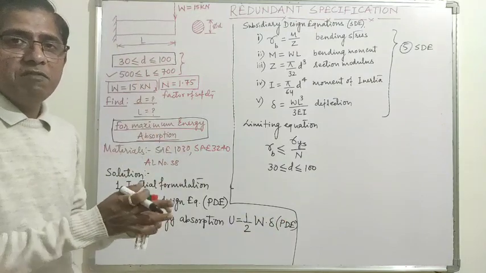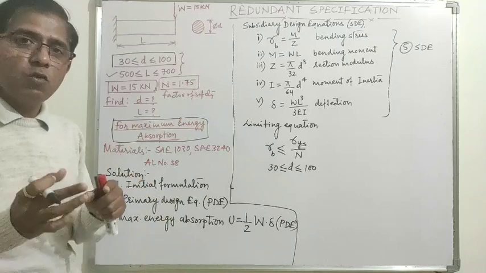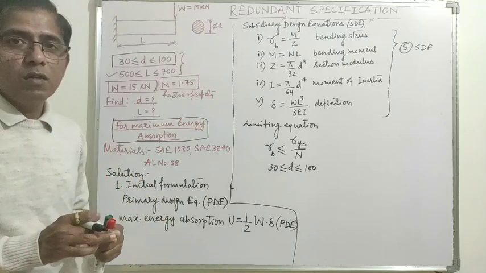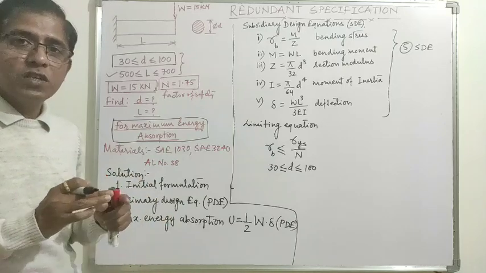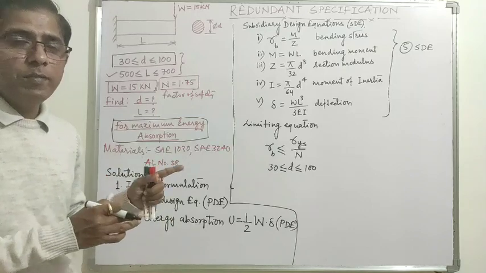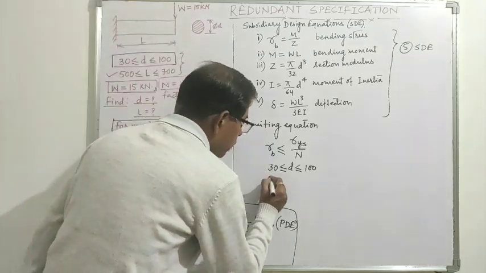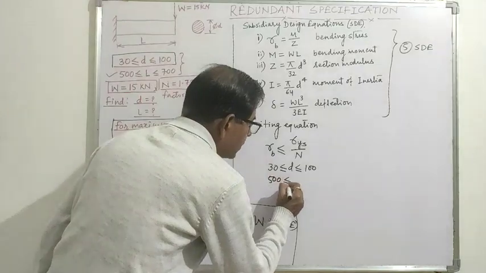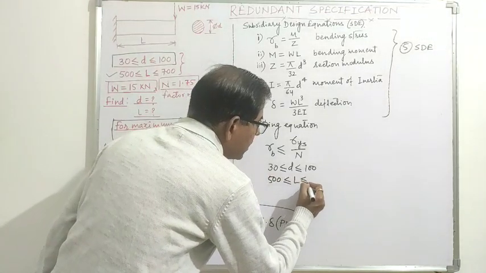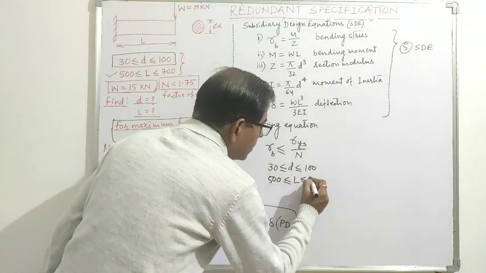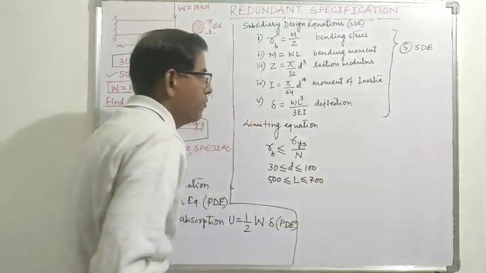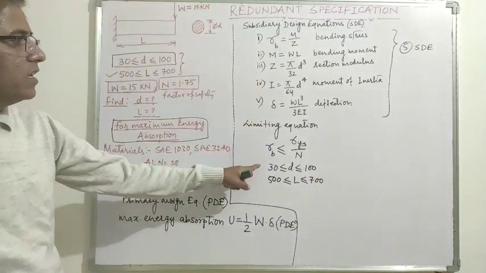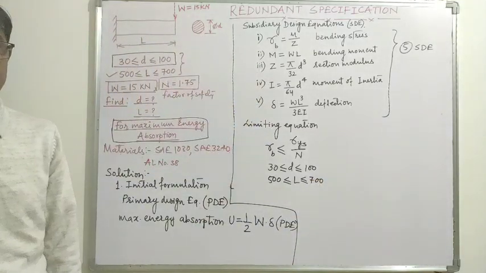It should be between 500 and 700, so 500 less than L less than 700 mm. So these are the 3 limiting equations.